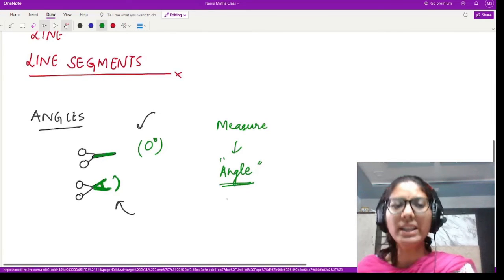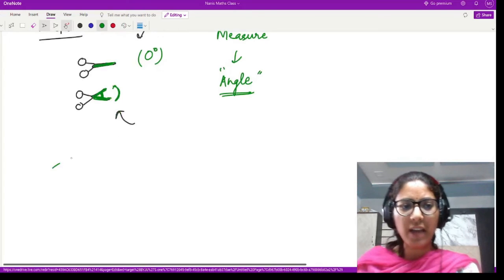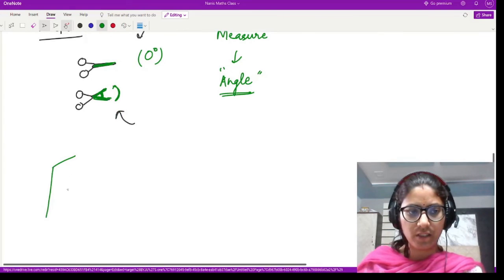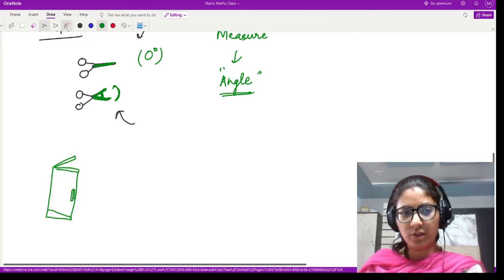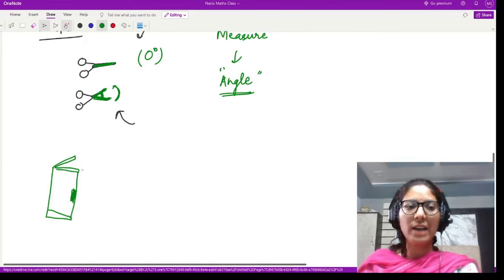You can take another example. Suppose we have a door or a window, and it is open a bit. You are asked to tell how much it is open. So how can you tell it? You take one front of that particular window and push it so that it would be closed.